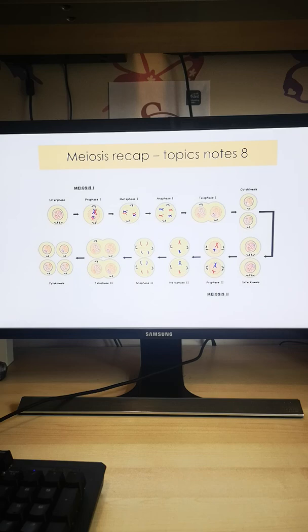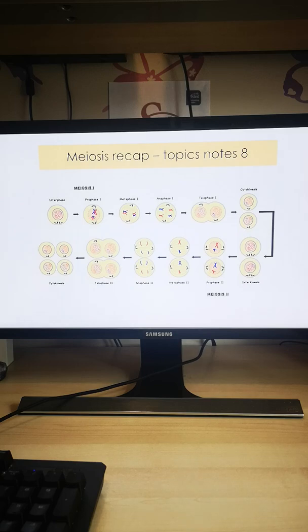So each daughter cell has got 1 of each chromosome pair. So at that point, we've halved the chromosome number. But we still have 2 copies of each of those chromosomes within each daughter cell. So they proceed to divide a second time. This time, when they line up on the equator, the sister chromatids are separated, and then we have our 4 daughter cells.